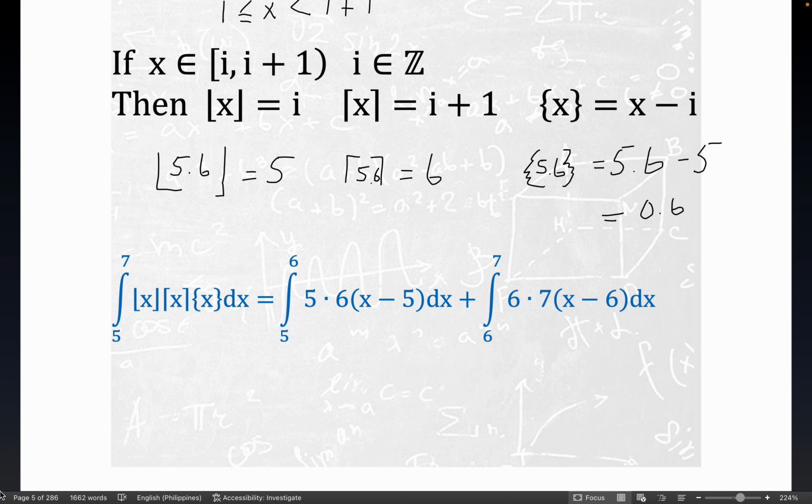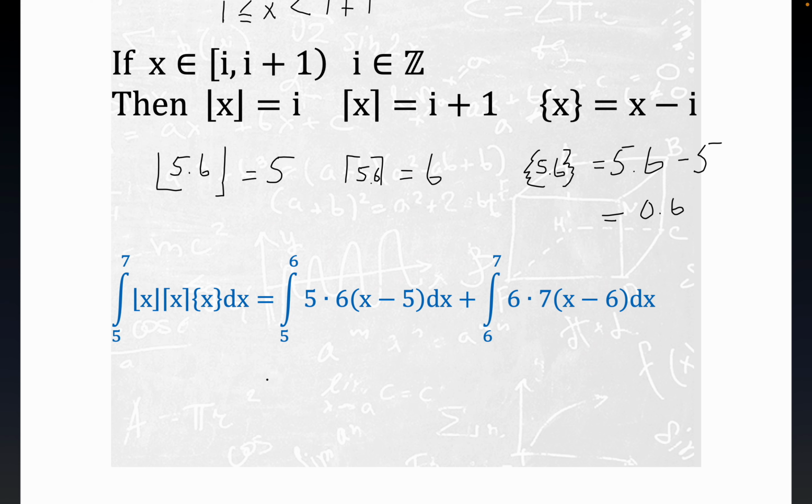So what do we get here, folks? Well, one way to think of this, without having to appeal to the fundamental theorem of calculus and find an antiderivative of x minus 5, is to know that this would be equal to 30, which is 5 times 6. And I'm going to do this in a sort of lame way, I suppose. What you really have here is just a triangle.